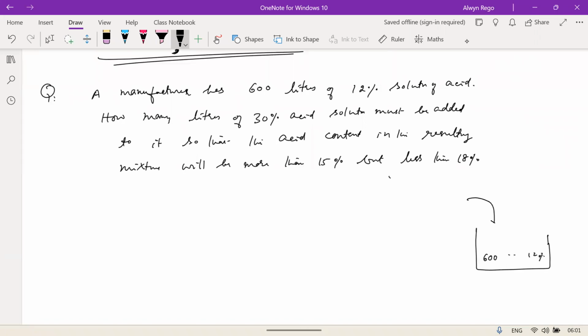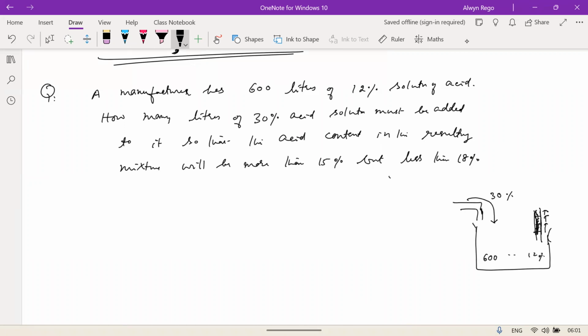When you add 30% acid to this concentrated acid, and you keep on stirring, there's a meter which shows the concentration. If you keep on adding with the tap open with 30% acid and keep on stirring, the concentration meter will keep showing higher and higher concentration. 12% will show 13%, 14%, and the concentration keeps on rising because you're adding a concentrated acid.